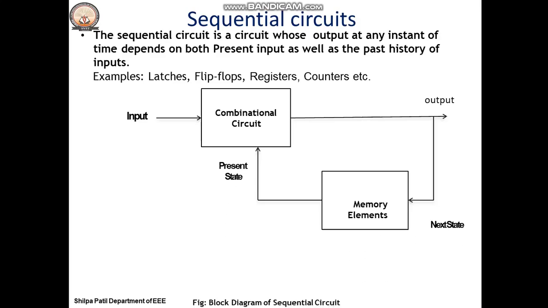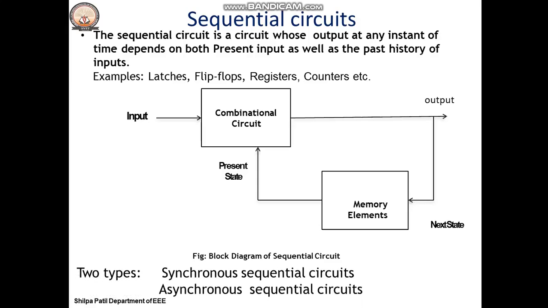Then, based on the operation of a circuit, we will divide sequential circuits into two types. One is a synchronous sequential circuit and another one is an asynchronous sequential circuit. In a synchronous sequential circuit, the change in an output occurs only during the occurrence of the clock pulse.